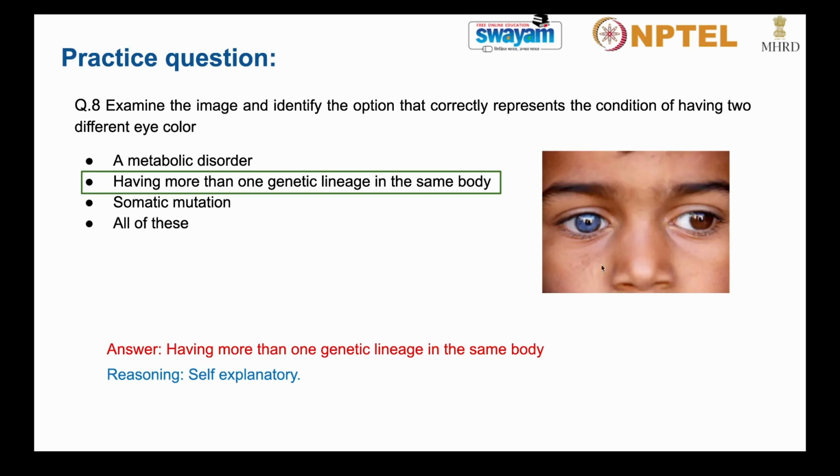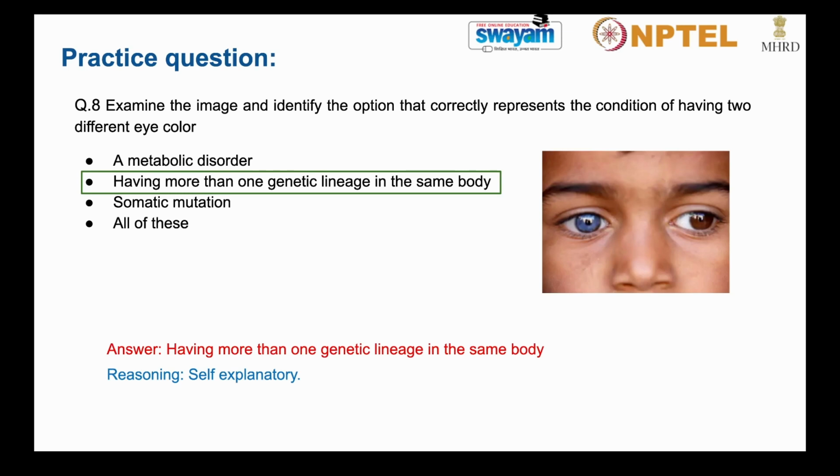By looking at this figure, you cannot say it is a somatic mutation, and it is not a metabolic disorder. But you can say that it shows more than one genetic lineage present in the same body. If you talk about heterochromia in general, it can arise due to somatic mutations.